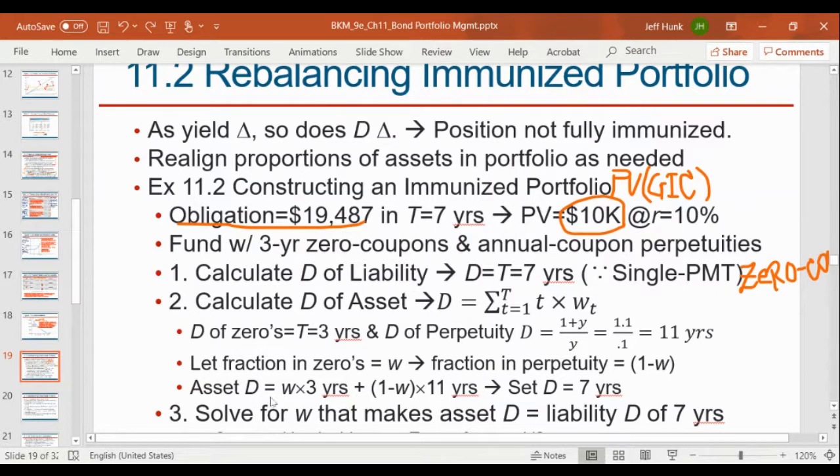So our portfolio's duration is W times 3 years plus (1 minus W) times 11 years, and we set it equal to 7 years, which is the duration of our liabilities, our obligation, the GIC.